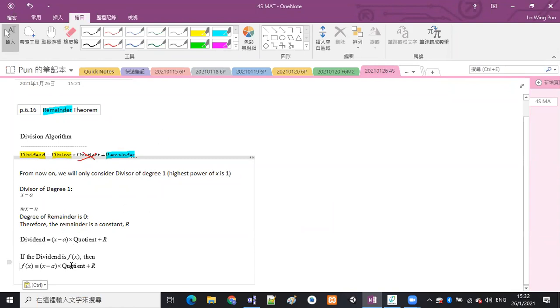Then we may substitute a number into this identity.